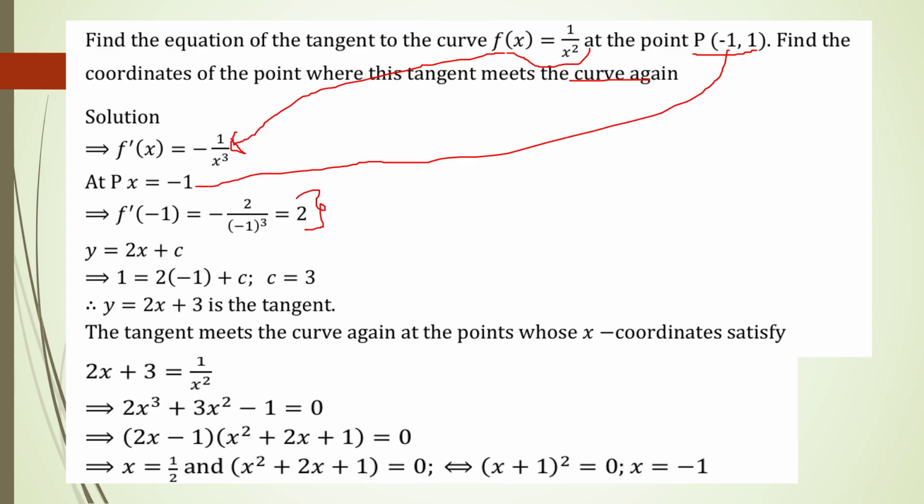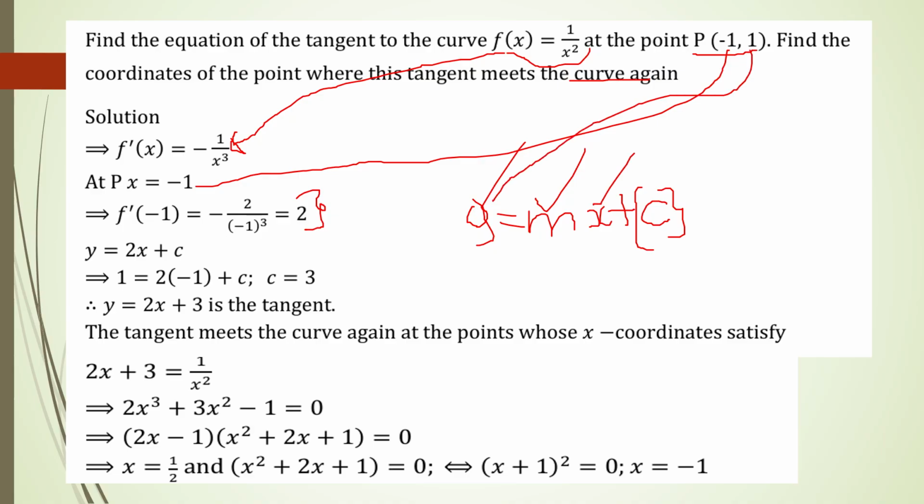So you have to get the equation of that particular tangent, which comes from y = mx + c. We do this so that we can get the value of c. We substitute for the gradient, the value of y, and the value of x. The value of y here is 1, the gradient is 2, and the value of x is -1.